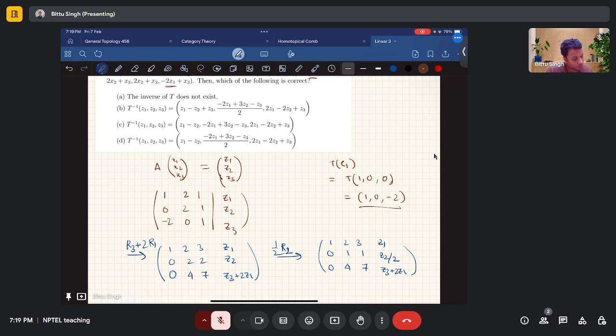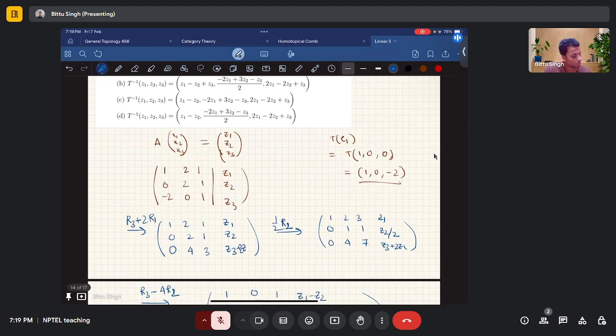Okay, so if we correct, then R3 plus 2R1 will give us 0, 4, 3. This is 0, 4, 3. We'll just correct those steps. And this is Z3 plus 2Z1. This is 1, 2, 1; 0, 1. Okay. Now half of R2.